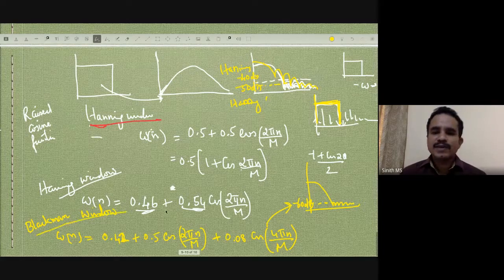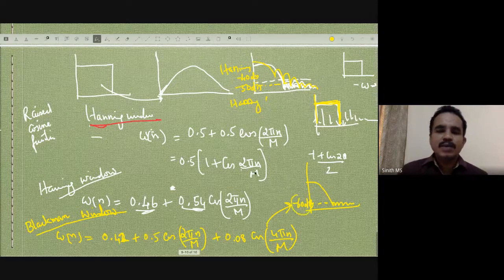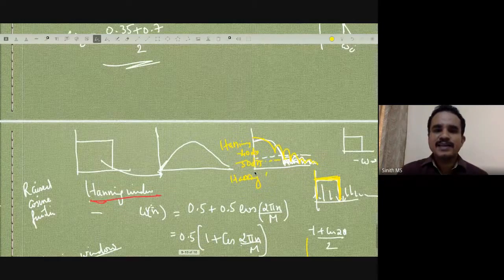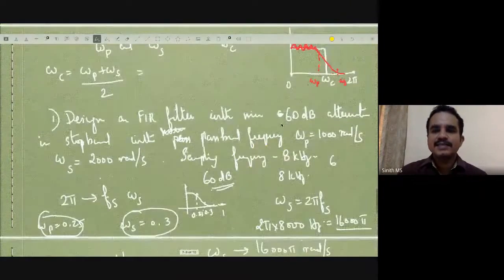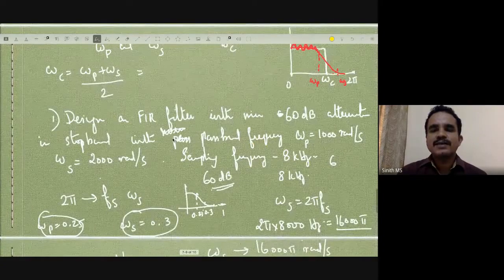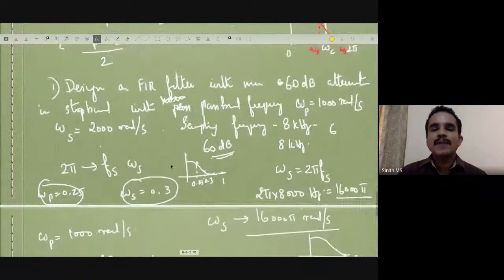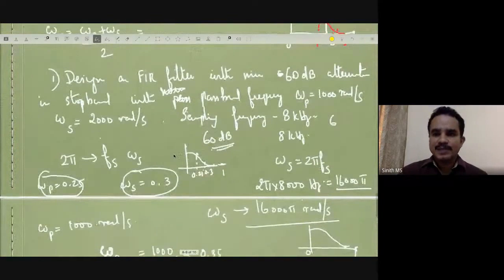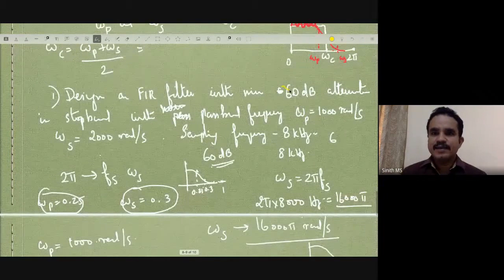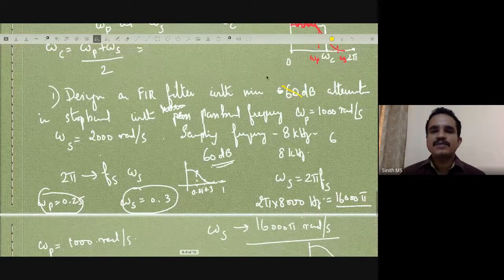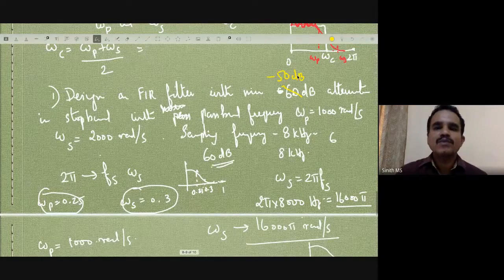So this kind of window has more attenuation in the stop band, up to minus 60 dB. In our problem, the attenuation is given to be 60 dB, so if you want such attenuation, you have to go for Blackman filter design. And suppose the response was, say, minus 50 dB, then you can go for Hamming design.